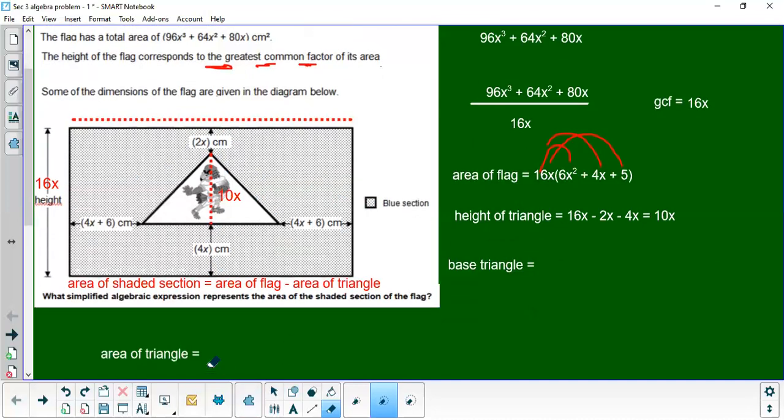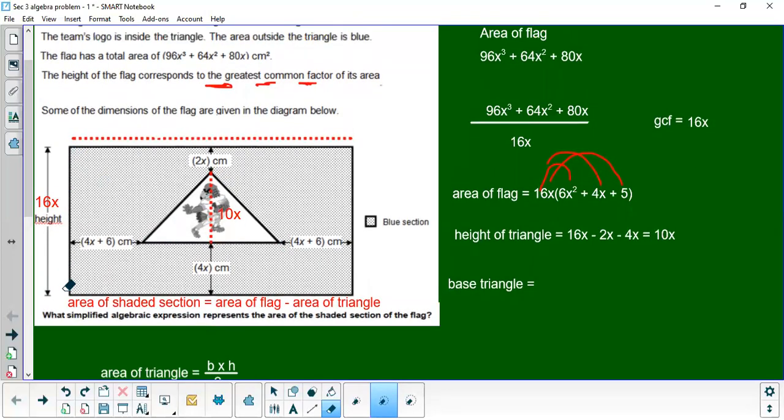Remember that the area of a triangle is base times height divided by 2. So we have the height. Now we have to find the base. Height times the base of the flag gives me the area of the flag. So this expression here is going to be the whole length of the flag.